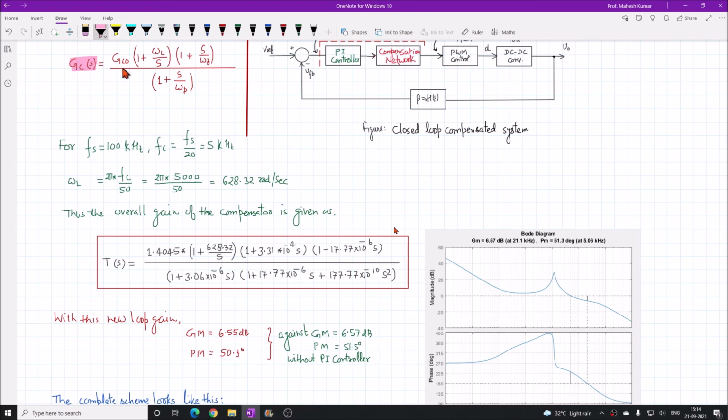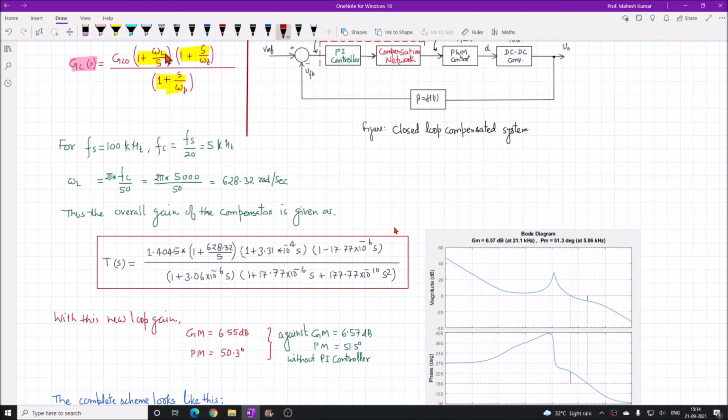Here ZC0 is the gain, and these are the pole and zero locations for the PI and for the phase lead compensator. Now the question is: how do we choose omega L?